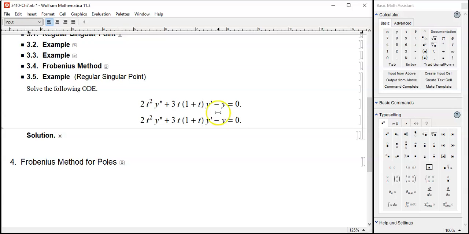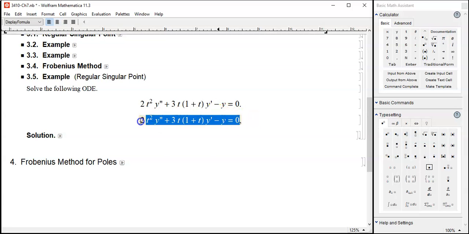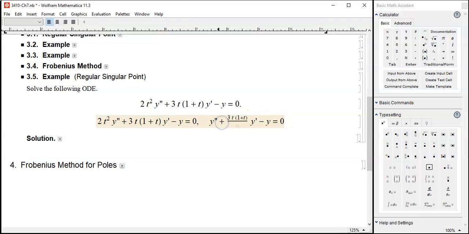So if you take the appropriate division, divide by 2t squared.